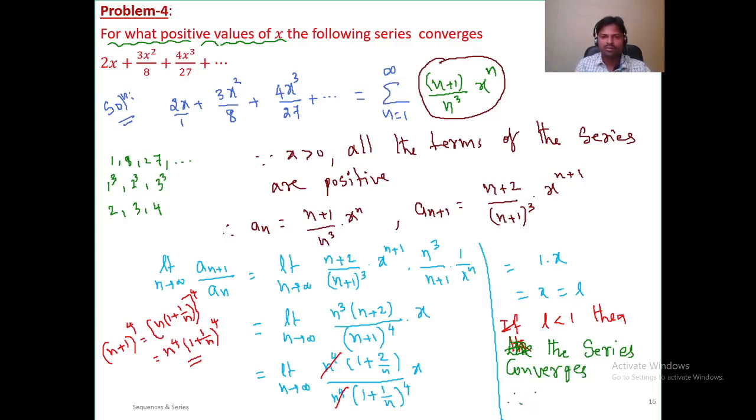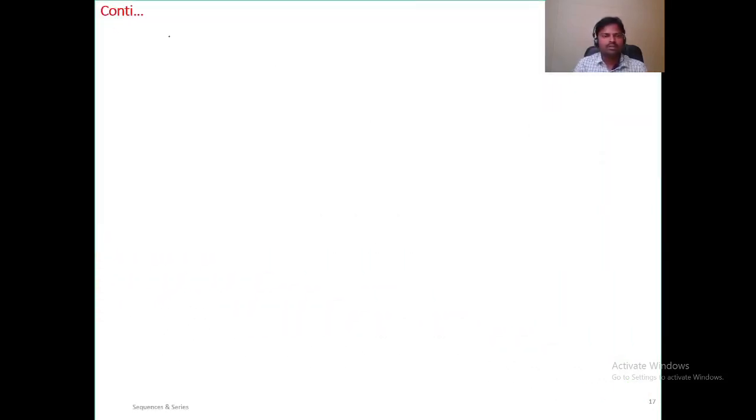So therefore for 0 less than, so instead of writing 0 less than, since the terms are positive, that is obvious. So therefore for x less than 1, the series converges. That's it. The series converges, and moreover, since x is positive here, right?